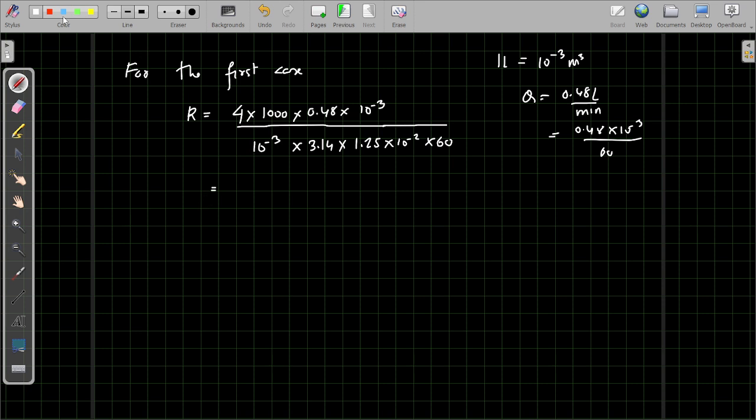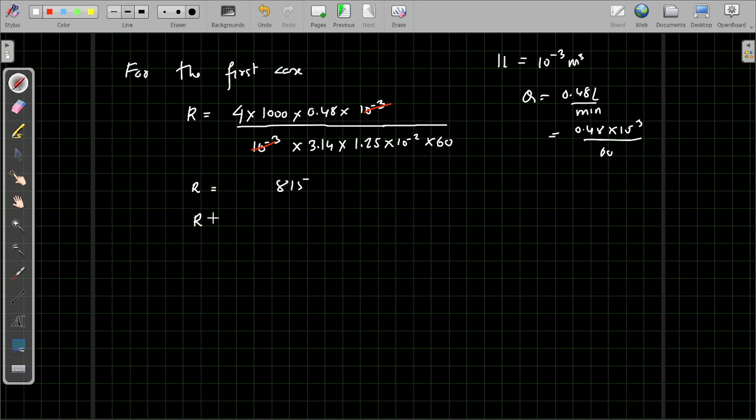So if we solve this, we should get close to 815. So clearly 815 is less than 1000.